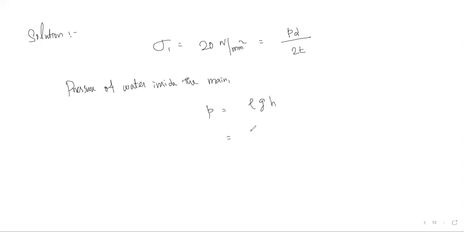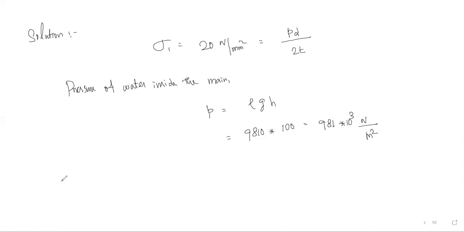So this is the formula. Rho g they have given as 9810 Newton per meter cube, and H they have given as 100. The answer comes in Newton per meter square. So 9810 into 100 becomes 981 into 10 to the power 3 Newton per meter square.